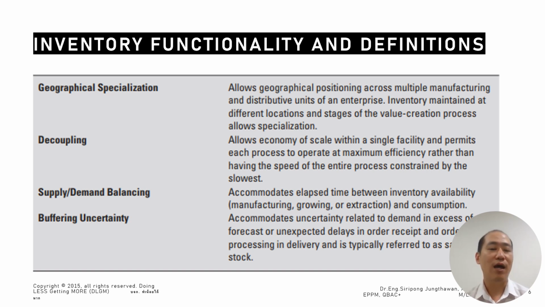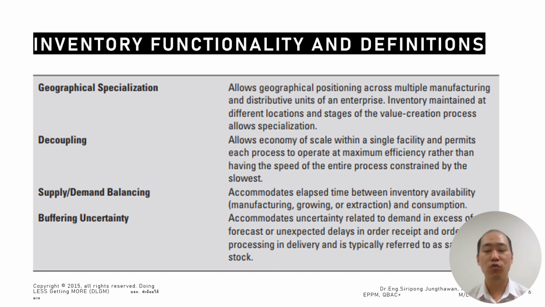Inventory maintained at different locations and states of the value creation process allows specialization and decouples the link between production and the warehouse or customer point and your supply. So it allows economies of scale within a single facility and permits each process to operate at maximum efficiency, rather than having the speed of the entire process constrained by the slowest.